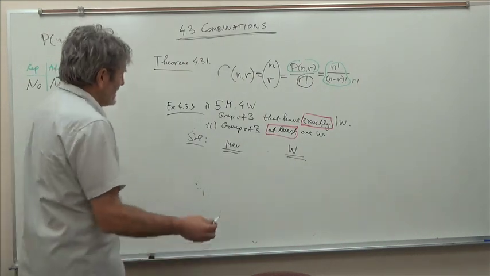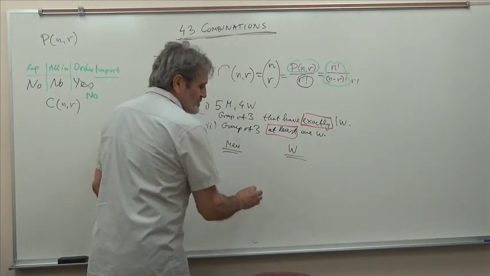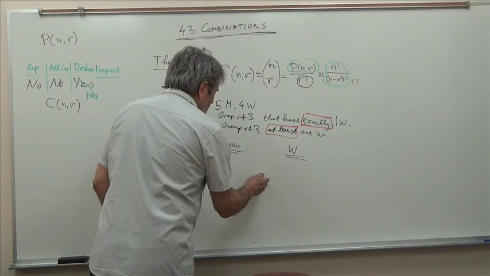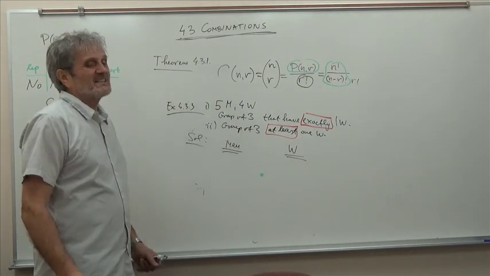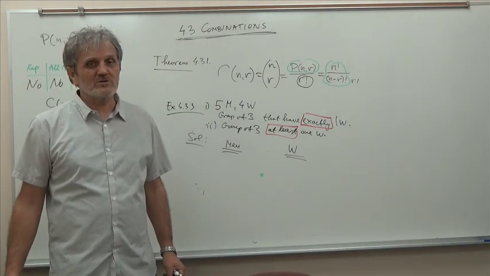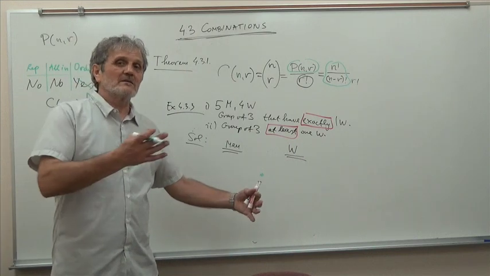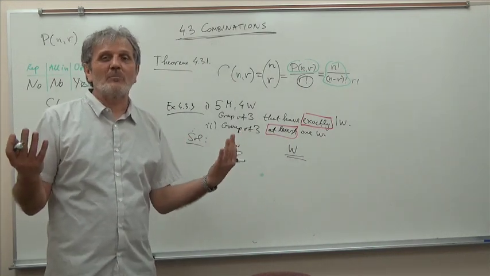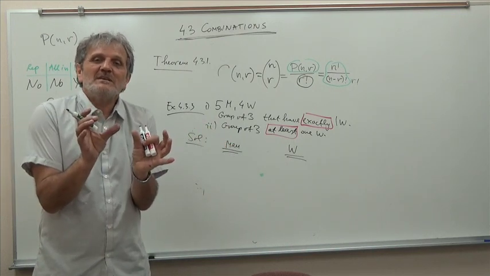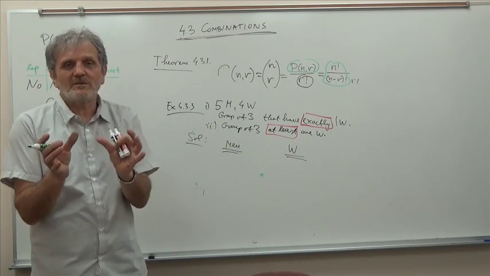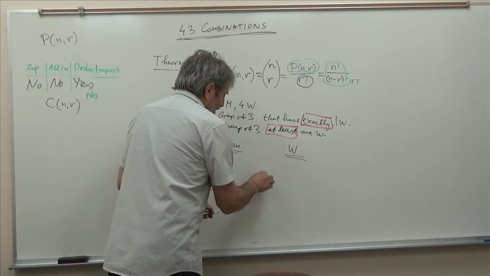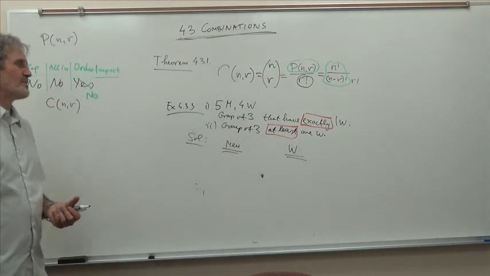Since I'm combining the pieces, at the end I'll use times, not plus. Why? Because it's not "or." I can't send either men or women. No, I need to send them both. None of them is a complete team. They both give me pieces, the male piece and the female piece of the team, and then they are assembled together, and that's what we said in the product principle.